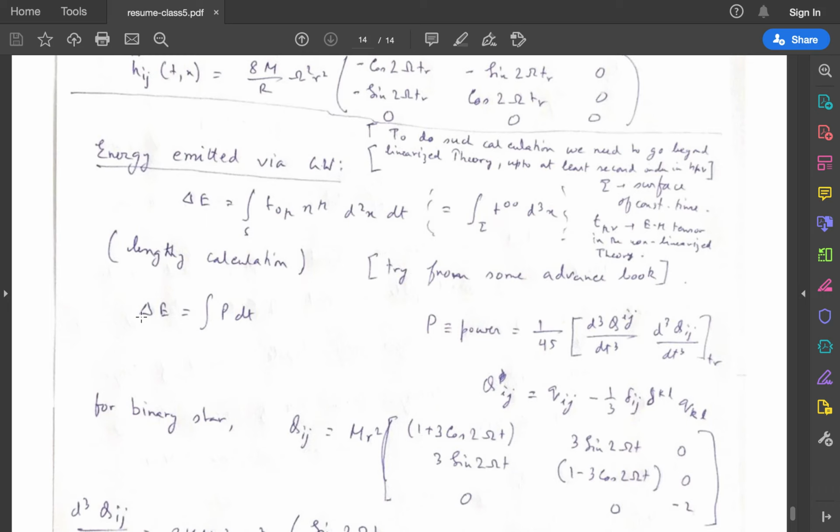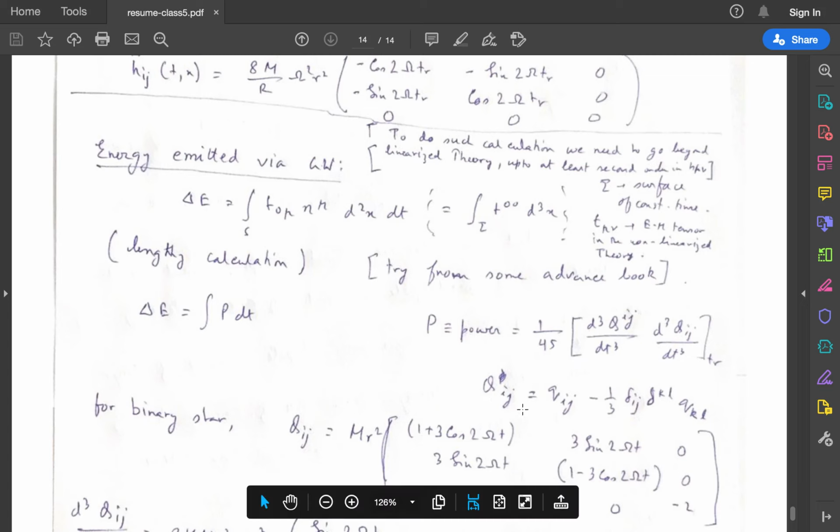Then delta E is proportional to the integration of power P dt, where P is the power, given by the third derivative of Qij, in iterated time. And Qij, this capital Qij, is nothing but the trace-reversed part of the quadrupole moment. Qij is qij minus 1/3 delta ij delta kl qkl.